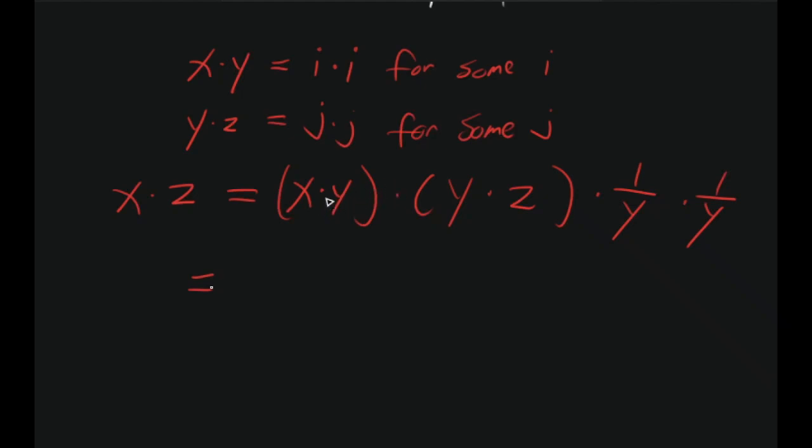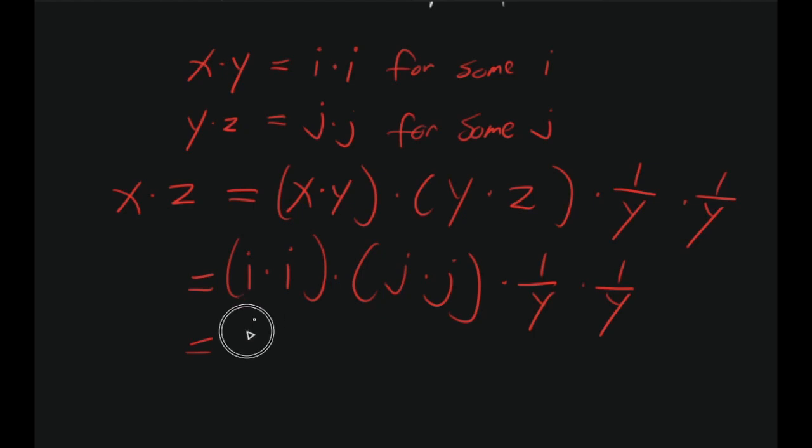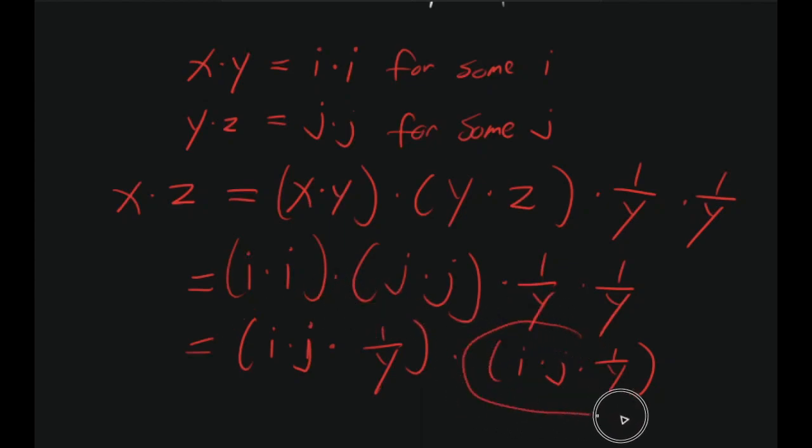And then we know that x times y is a perfect square because it is assumed, so i times i, and y times z will be j times j. If we rearrange the order, we get something like i times j times 1 over y, and then times i times j times 1 over y. You can see this is exactly the same as this.